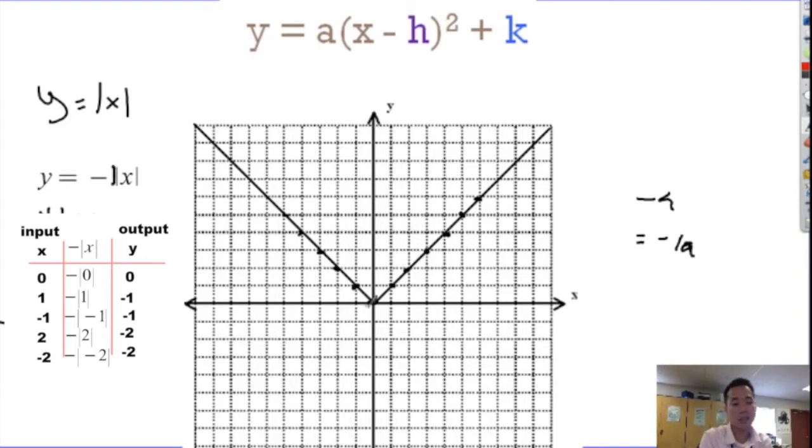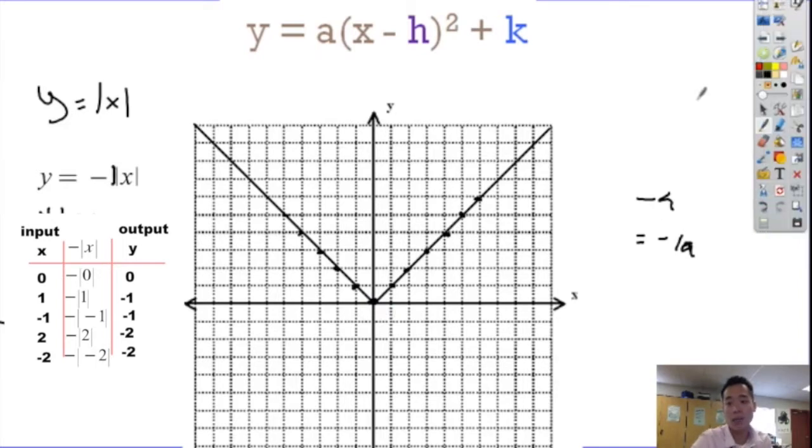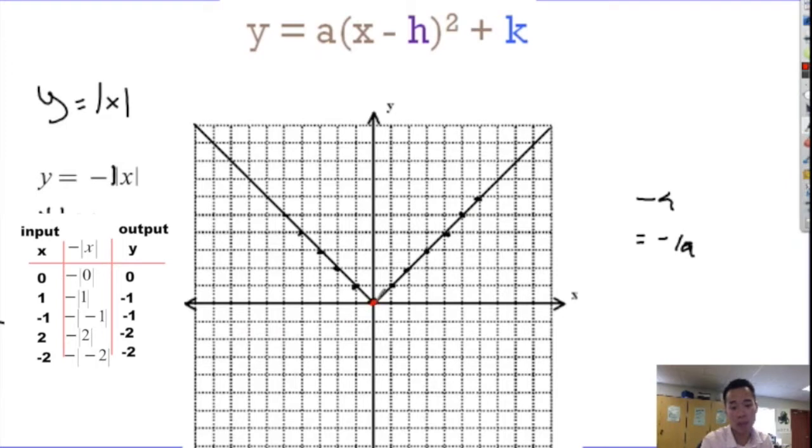So basically, if you kept doing this, you will have no longer a V, but what you have is this reflection that looks something like this. It will be flipped over from where it was originally. It would just sit at 0, 0 because that's the vertex, because this has no h or k, so it didn't move up or down or diagonal.